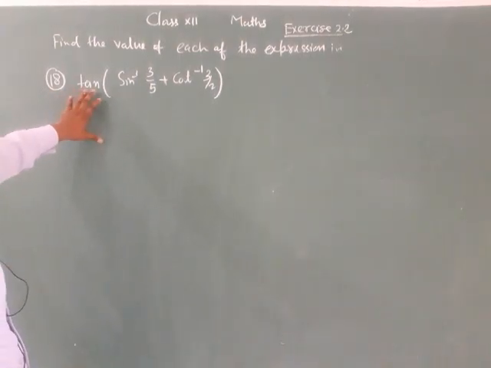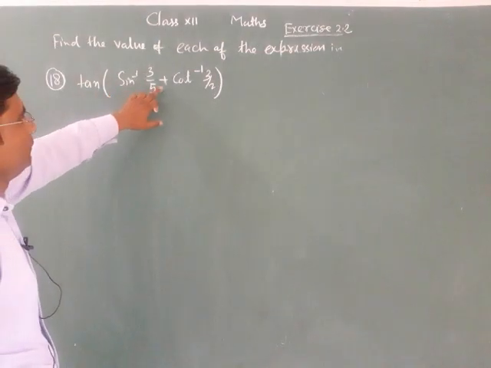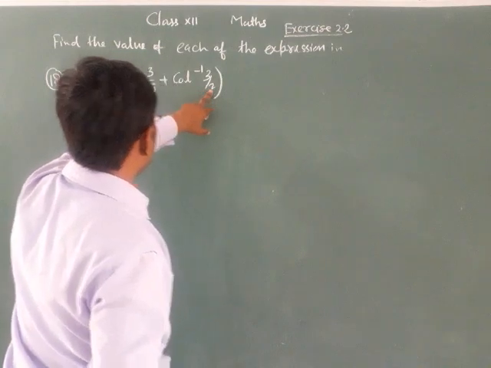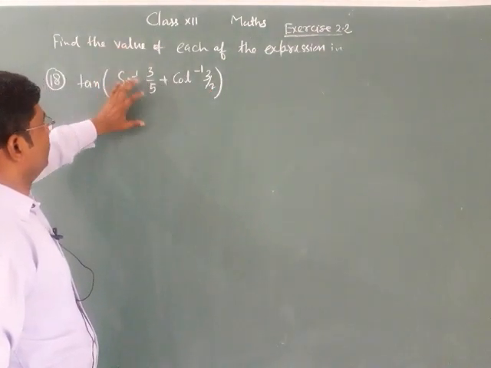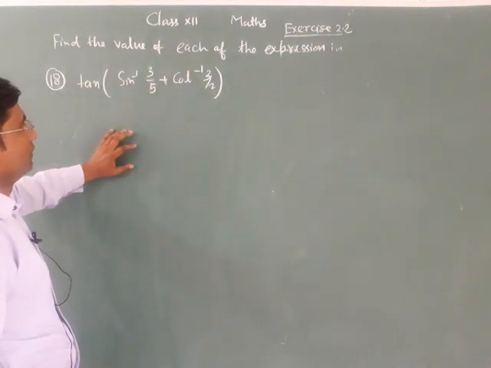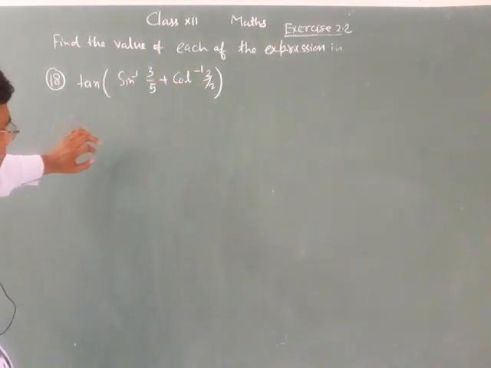Question number 18. Given tan in bracket sin inverse 3 upon 5 plus cot inverse 3 by 2. Now find the value, change into simplest form, find the value of the whole part.